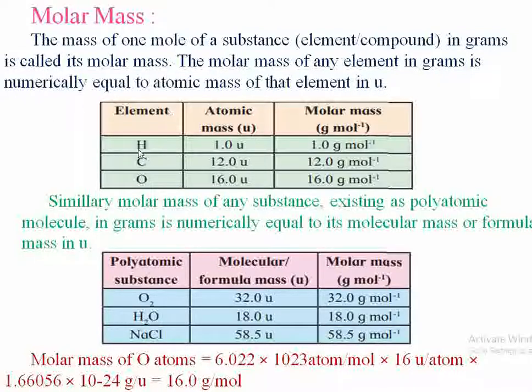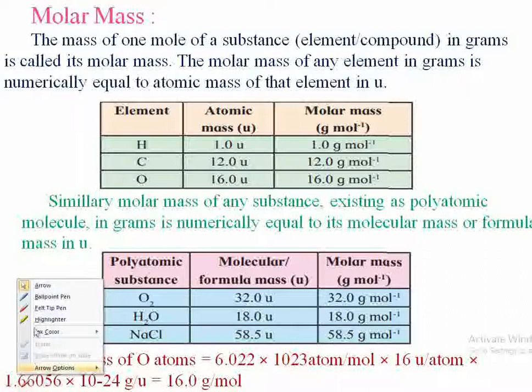Therefore, for the elements hydrogen, carbon and oxygen with atomic masses of 1 u, 12 u and 16 u, the molar masses are 1 gram per mole, 12 grams per mole and 16 grams per mole. Similarly, the molar mass of any substance existing as a polyatomic molecule in grams is numerically equal to its molecular mass or formula mass in u. Let us see here.